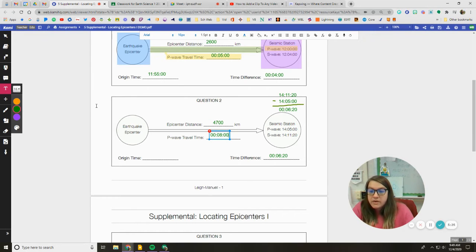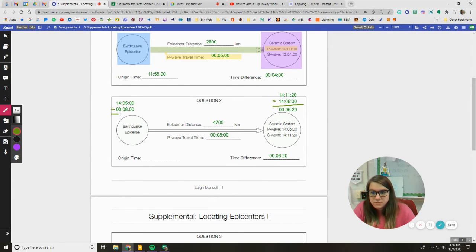Now how I figure out my origin time is I take the time that the P wave showed up, which is 14:05:00, and then I subtract my 8 minutes. Oh dear, I do have to do some borrowing.